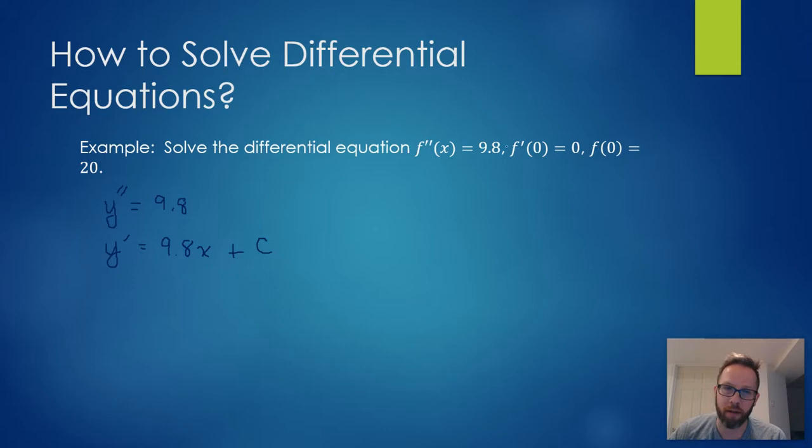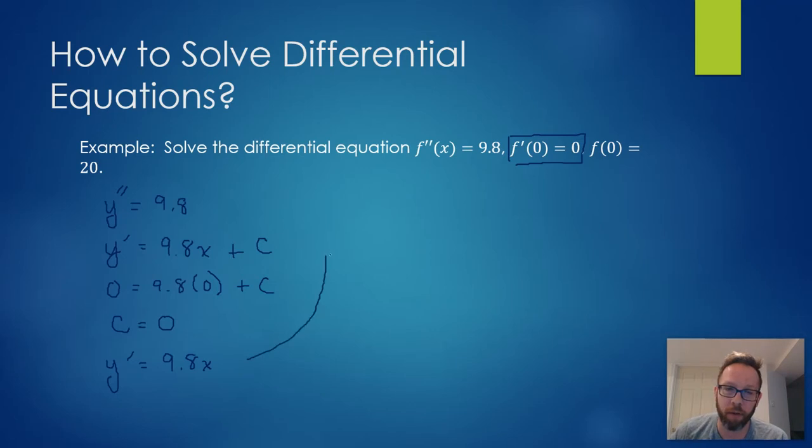Now, I've said in this question that when x is 0, y prime is 0, so I can plug that in. 0 equals 9.8 times 0 plus a constant c. So c would be equal to 0 in this case. And so my first derivative is y prime equals 9.8x. And now I can move on and find the function itself.